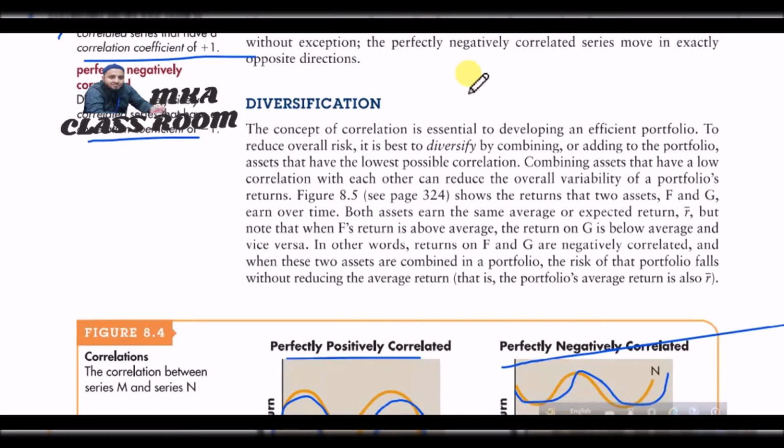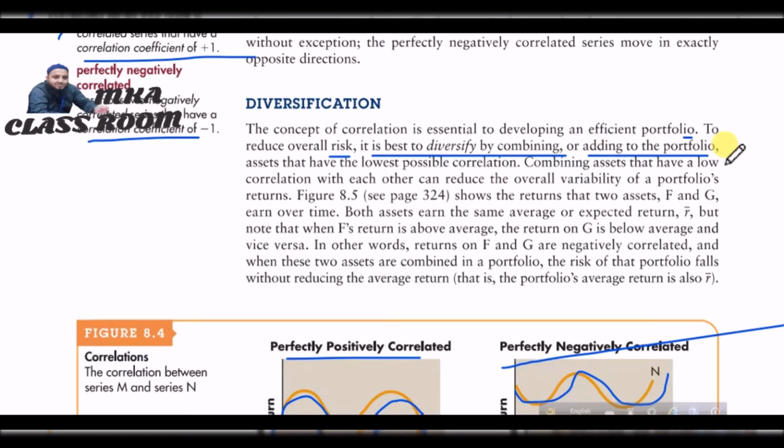Then diversification. The concept of correlation is essential to developing an efficient portfolio. To reduce overall risk, it is best to diversify by combining or adding assets to the portfolio. So it is clear that if we try to diversify risks, we have to add assets to our portfolio, then we can diversify or reduce our risks.